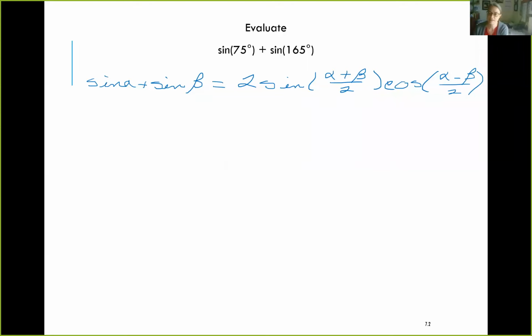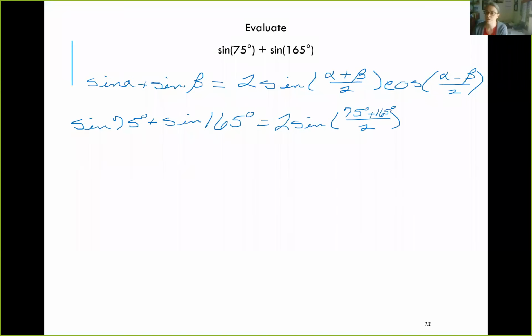So the sine of 75 degrees plus the sine of 165 degrees is equal to 2 times the sine of (75 plus 165) divided by 2, multiplied by the cosine of (75 minus 165) divided by 2 degrees.